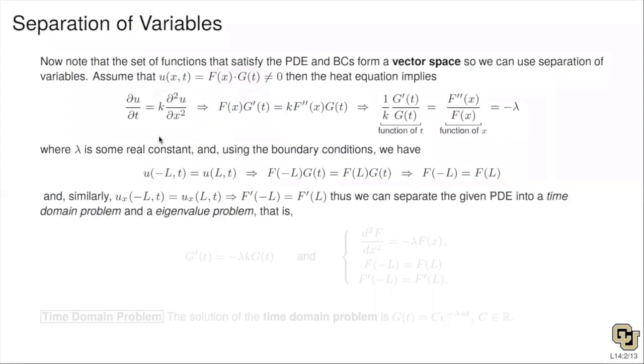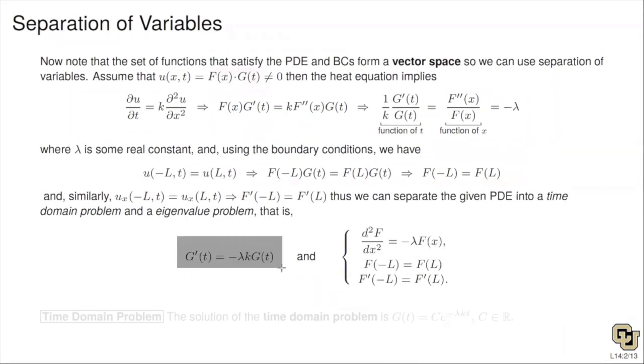And so now we can assemble our time domain problem and our eigenvalue problem, or T variable problem and X variable problem. And the time domain problem is the same as always. It's what we know and love. The eigenvalue problem, this part's the same, but here now we have these new boundary conditions resulting from that so-called perfect thermal contact of the ring that we've connected at the ends.